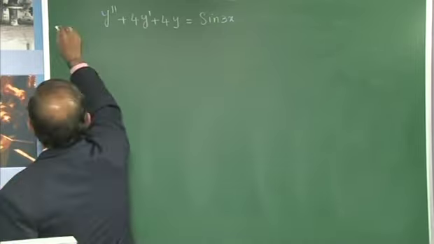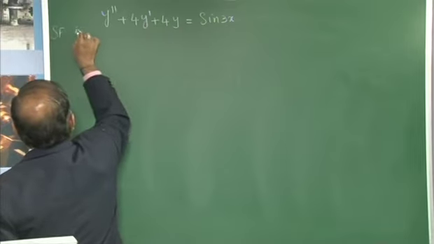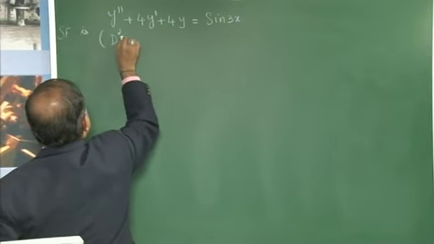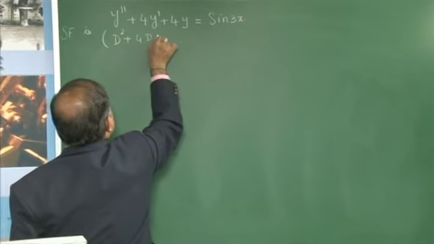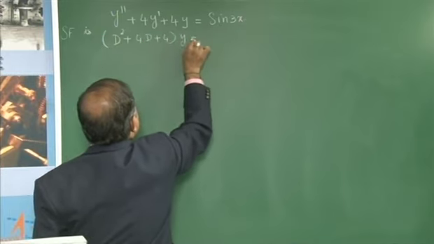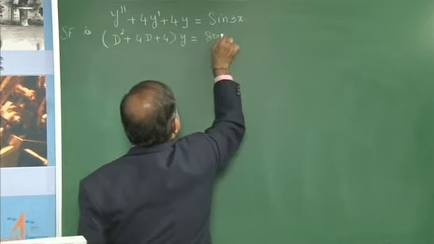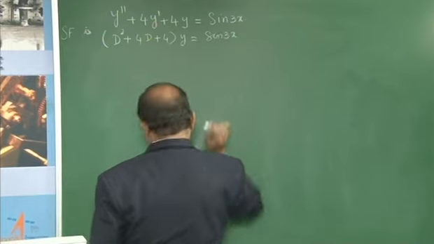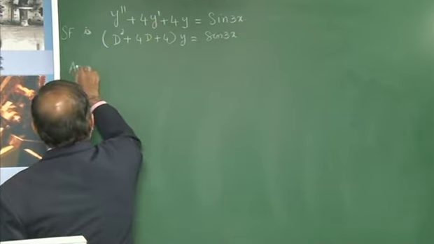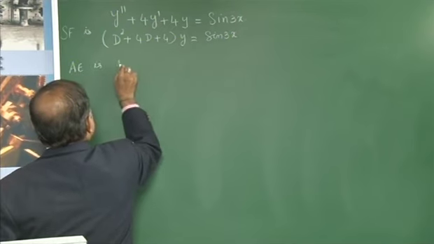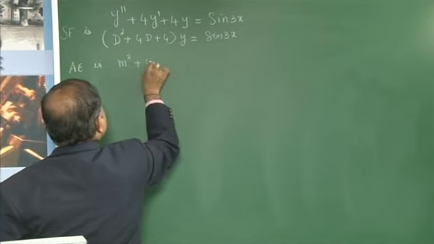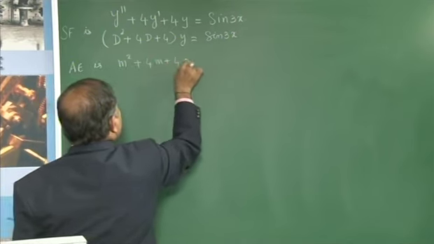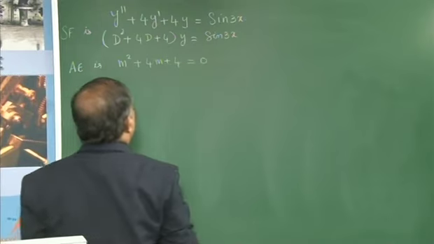Now standard form is D square plus 4D plus 4 into y, it is sin 3x. What is your auxiliary equation? M square plus 4m plus 4 equal to 0.